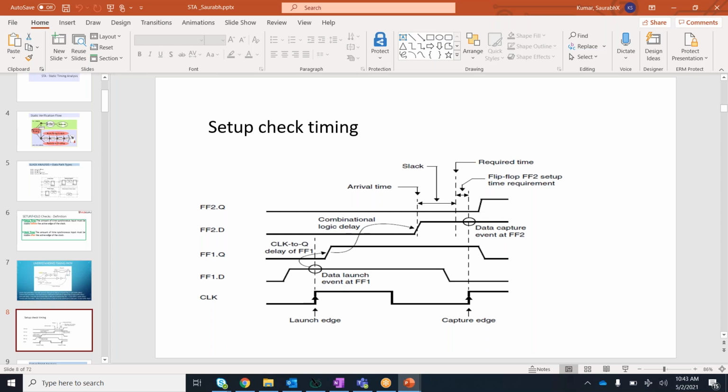If you see this waveform, it is very good for understanding the setup check. This is the clock we have, and this is my flip flop 1, this is the D pin of flip flop 1.